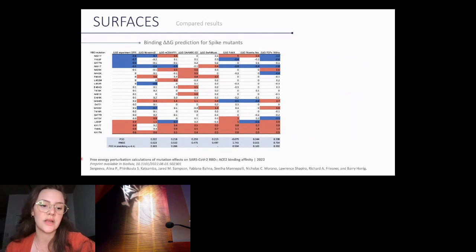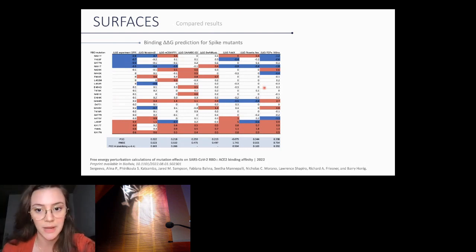So here is the reference of the Sejiva evaluation, which took some mutants of spike and evaluated experimentally the effect of those mutations in binding with the receptor ACE2, and tested different methods for their ability to predict this effect.